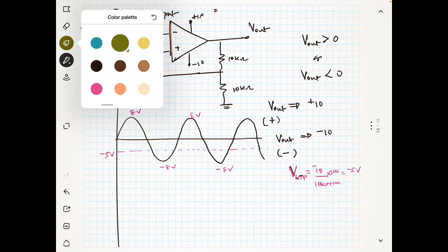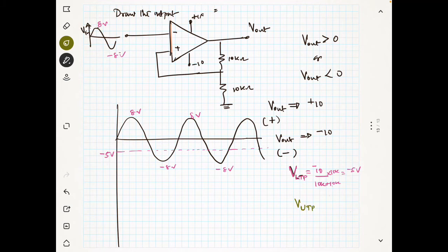Similarly you can find VUTP, which is equal to plus 10 divided by 10k plus 10k into 10k. So how much will it come? It is 5 volt. So you got it, 5 volt. Okay, so this is the VUTP and this is the VLTP.